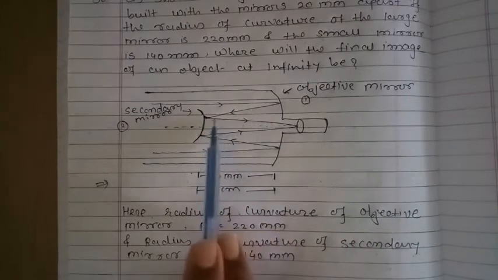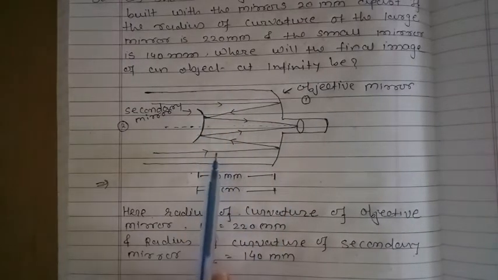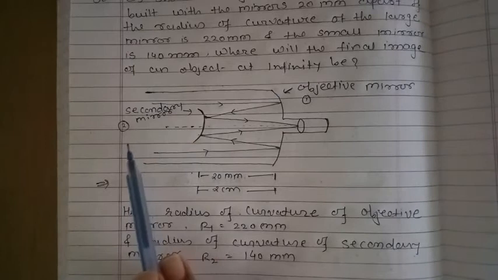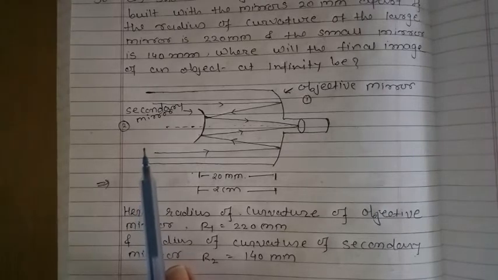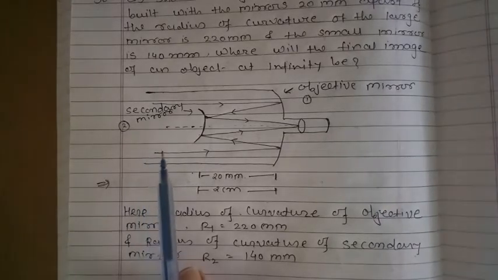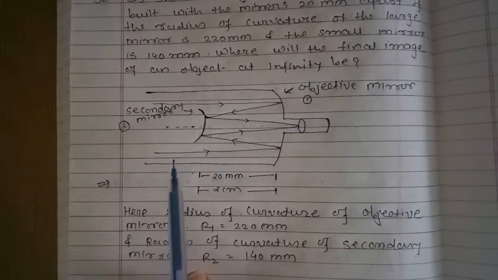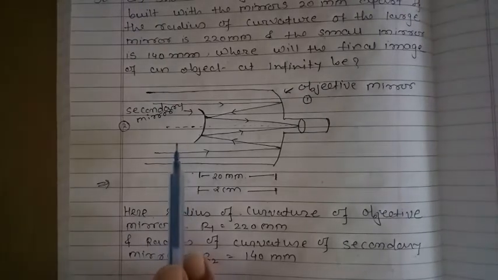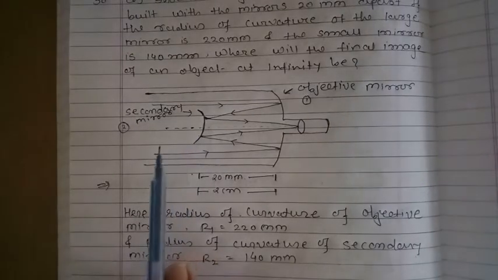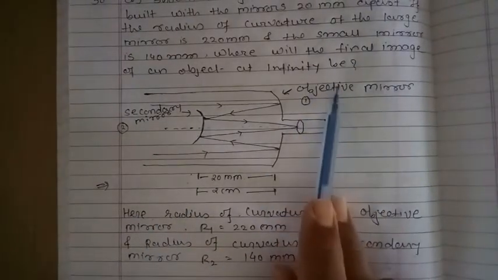Now since the object distance is infinite, we get the image at the principal focus, so we get an image of the object at the principal focus of the objective mirror.